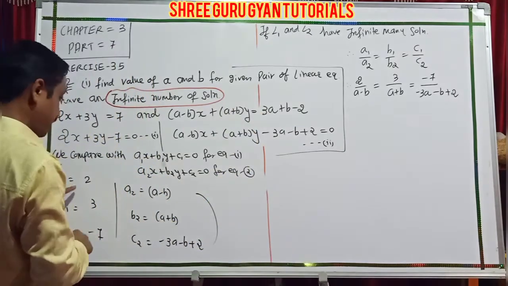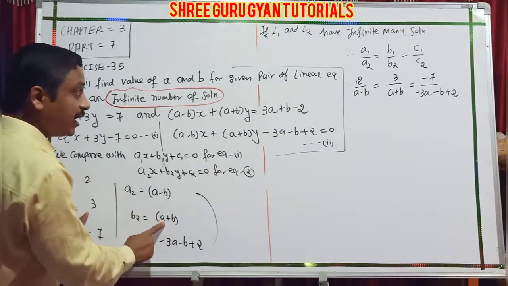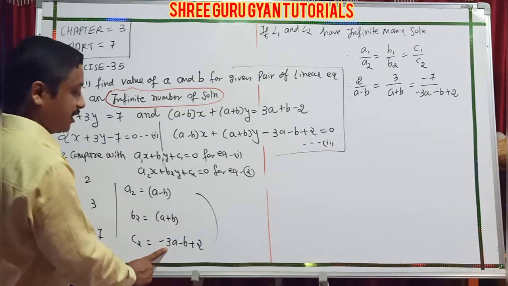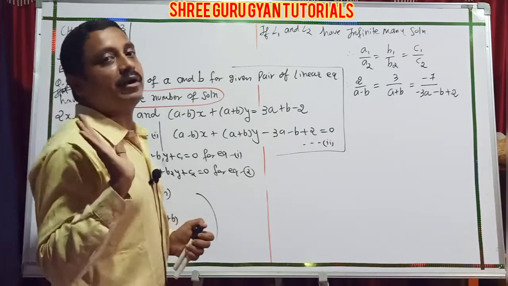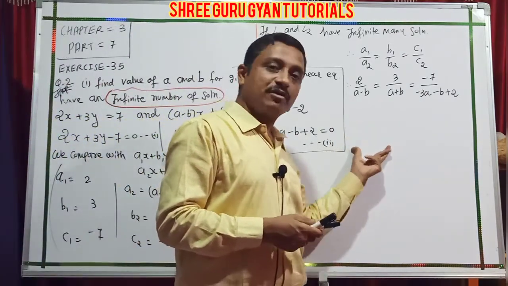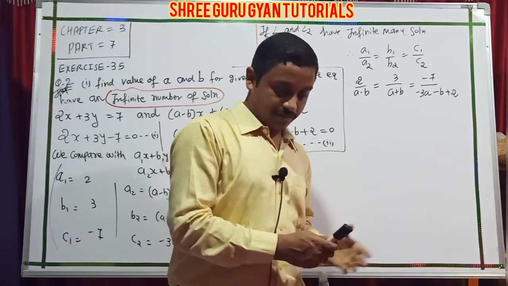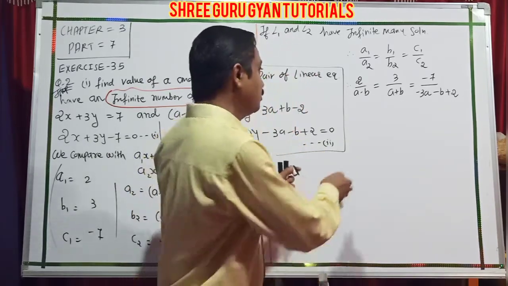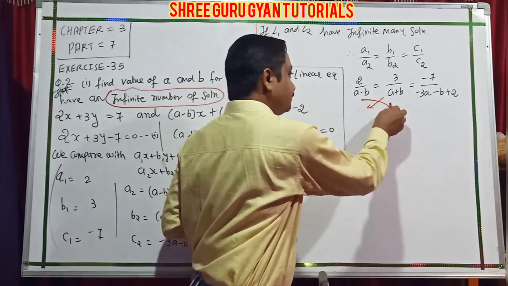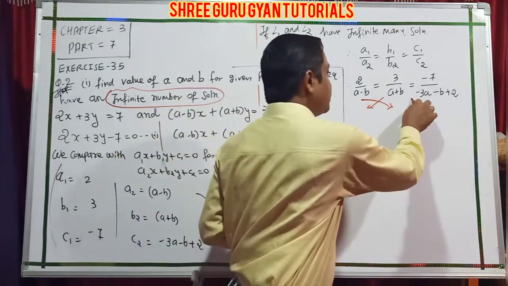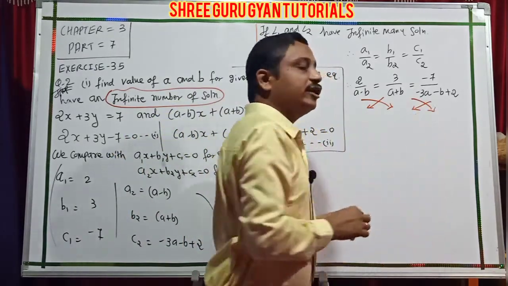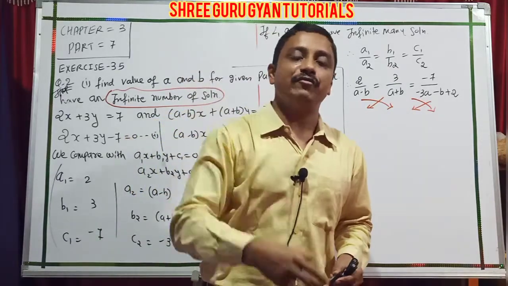Now I start with these two as the first comparison, after that these two as another comparison. I highlight for you: first these two, then after that these two, and you derive one more equation.